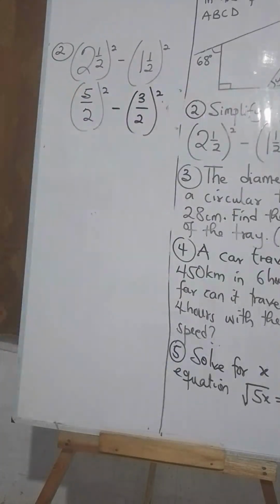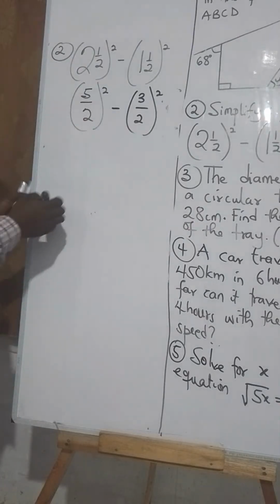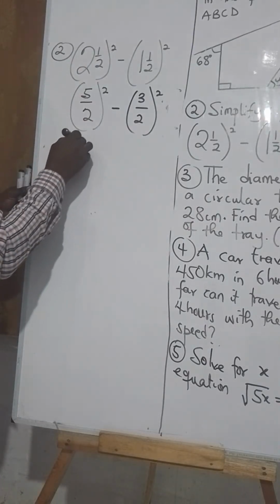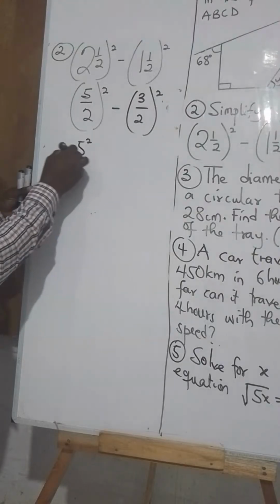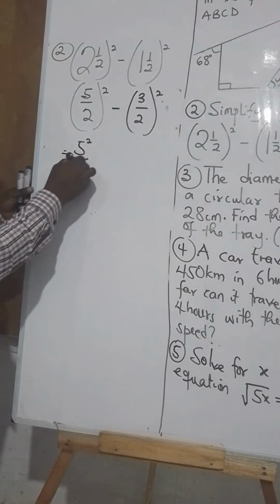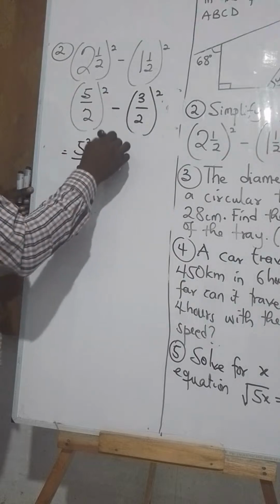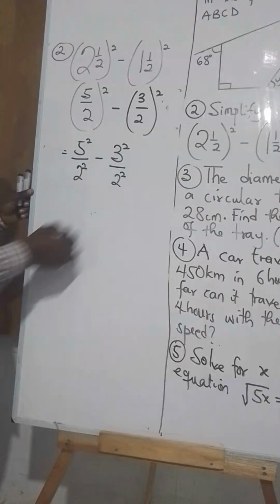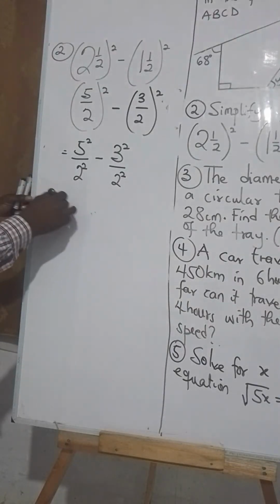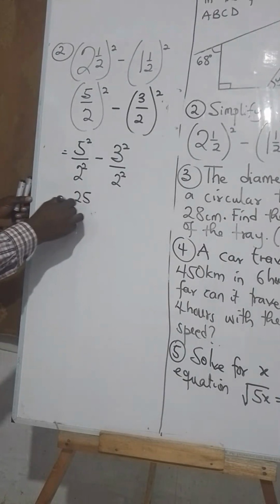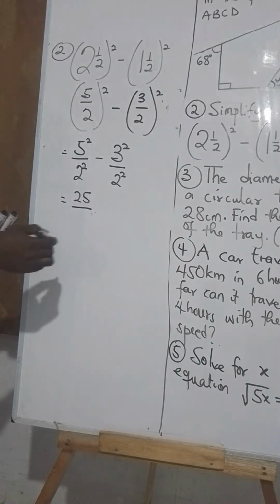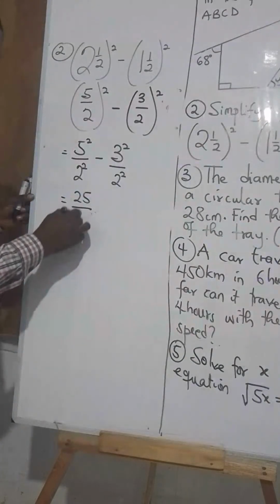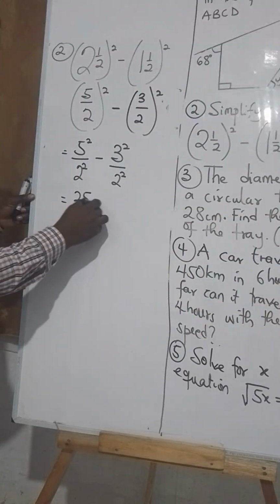I hope the first method is simple here. With this, every number will be squared: 5 squared on 2 squared minus 3 squared on 2 squared. 5 squared is 25, and 2 squared is 4.